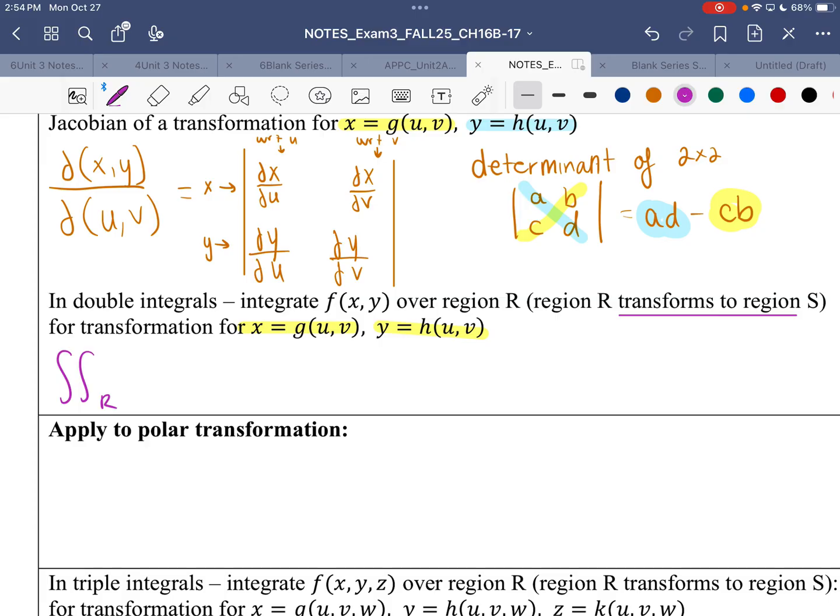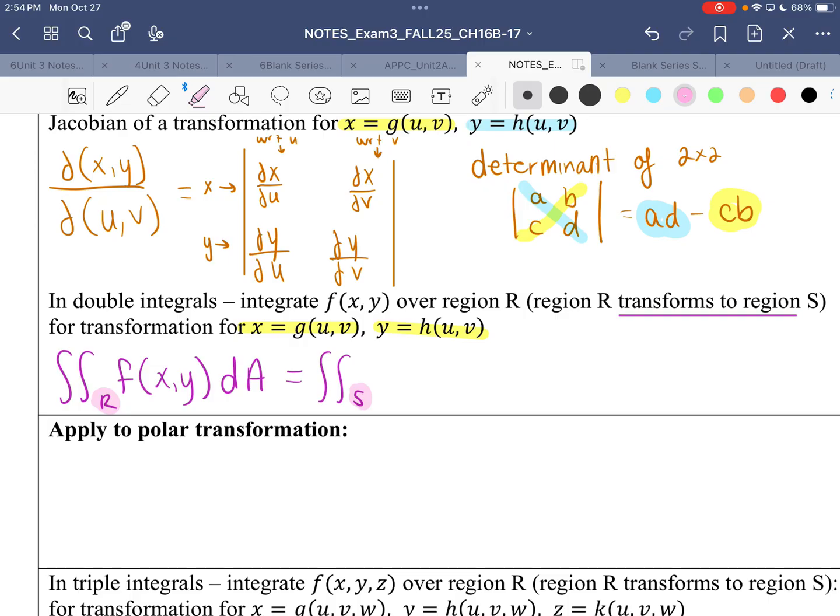So if we had some region, R, that we were integrating a function of x and y over in dA, now we're going to have a double integral over the new region S that had the transformations applied to it.